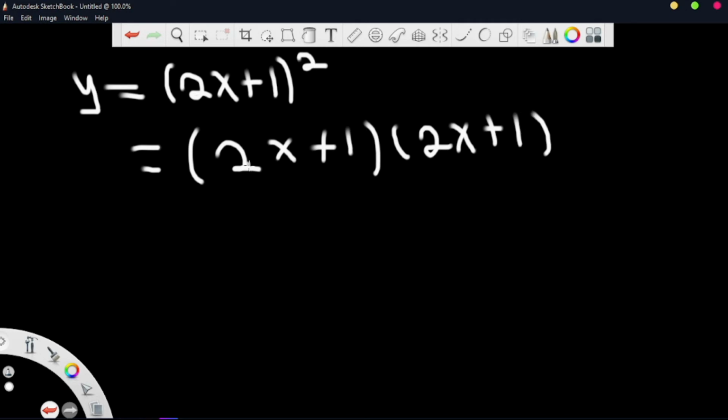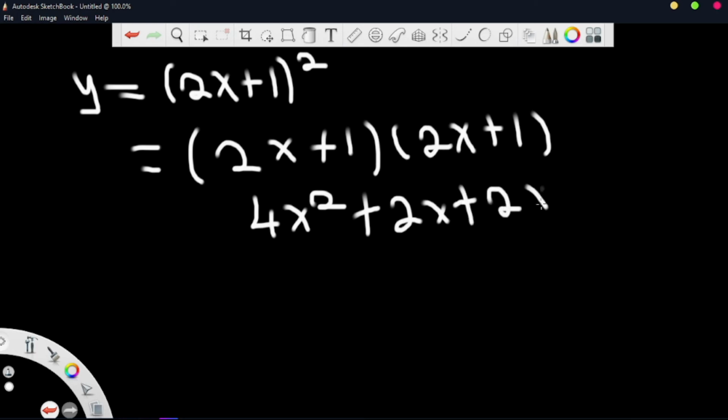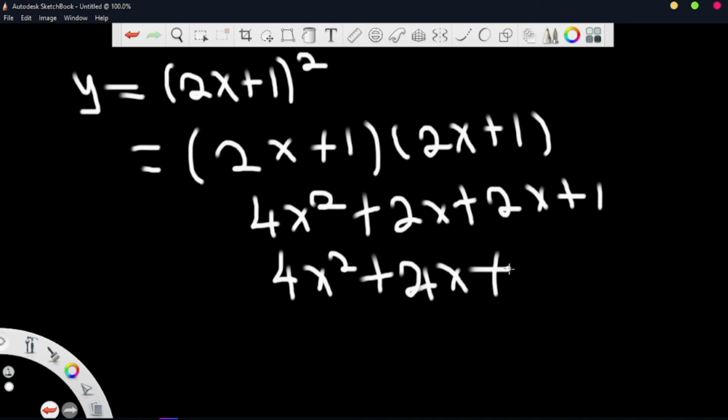So if we're going to expand this, we'll have 2x times 2x, which is 4x squared. 2x times 1, we're going to have 2x. So we're done with the 2x part. Then 1 times 2x, which is 2x, and then 1 times 1, which is 1. So then we're going to have 4x squared plus 4x plus 1.